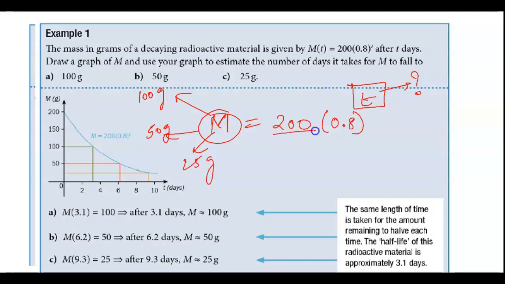The initial value of the mass is 200 grams. Now if I substitute the value of t as 3.1, the value becomes approximately equal to 100 gram.